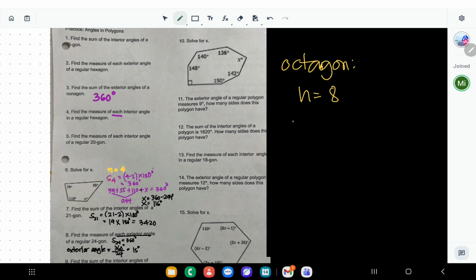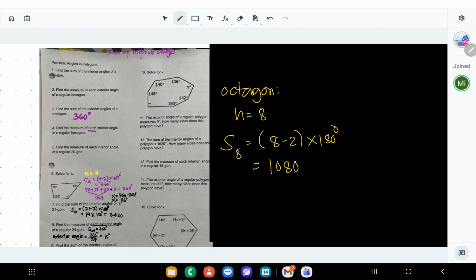The sum of the interior angles is n minus 2, so 8 minus 2 times 180 degrees. So what is that? Okay, so 1080 is the sum of the interior angles.